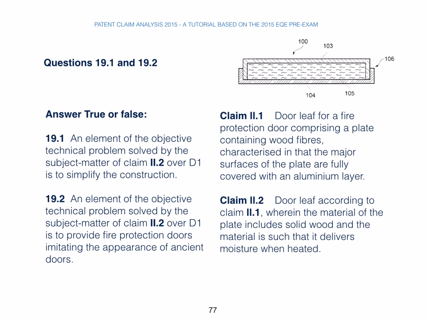Paragraphs 3 and 4 correspond to the description of D1. The question is then, do any of the disadvantages listed imply a simplification which would justify the answer for question 19.1? And then for the ancient doors, what about the appearance of ancient doors? What does that imply? Make up your mind and we'll go to questions 19.3 and 19.4.